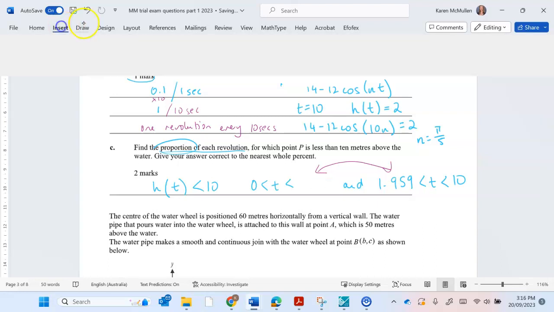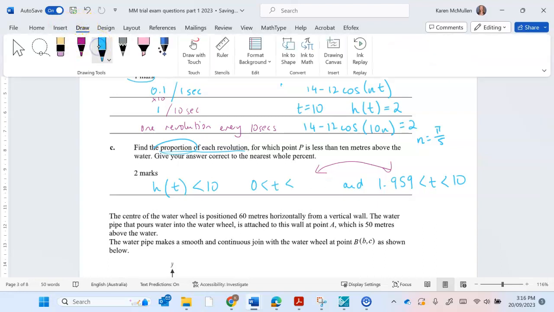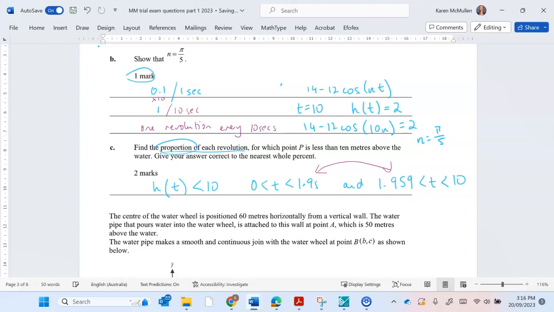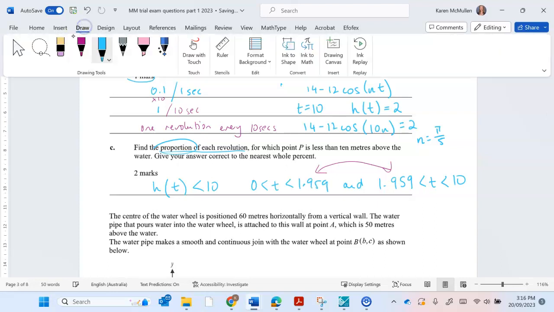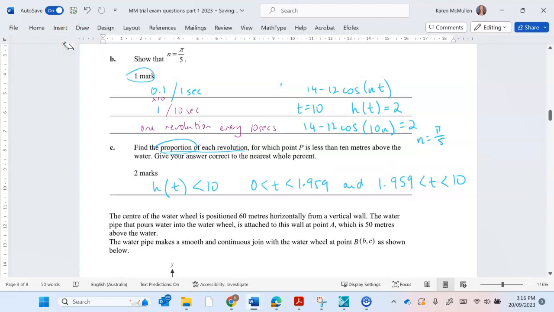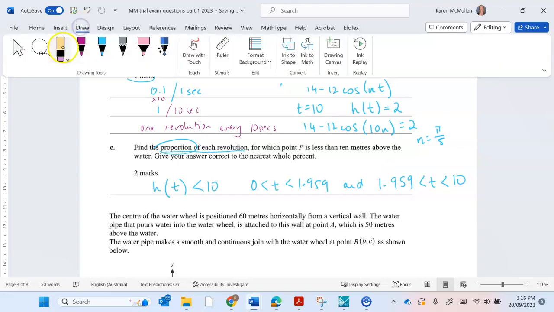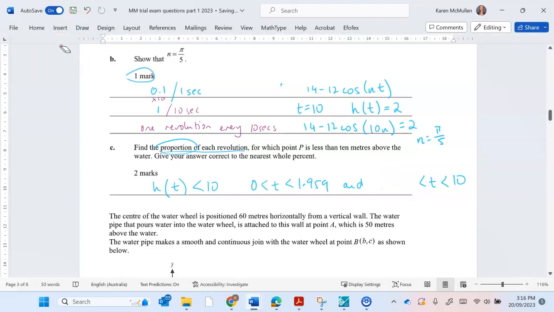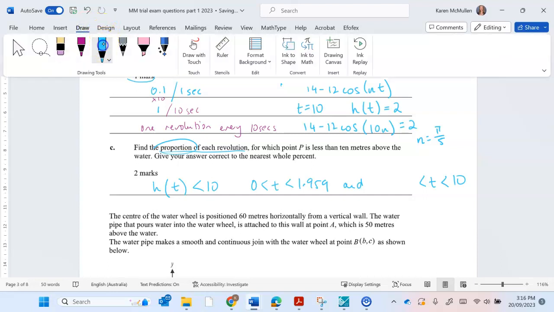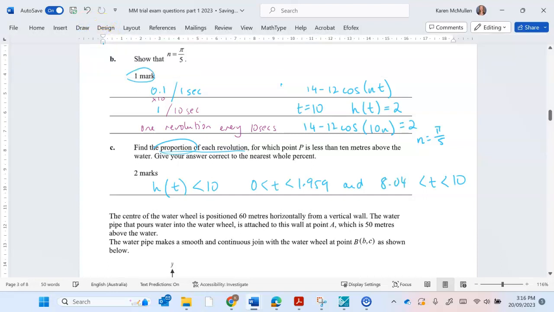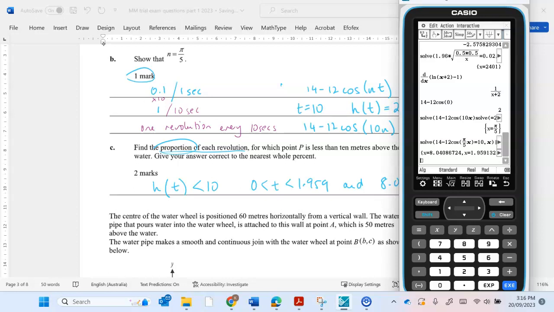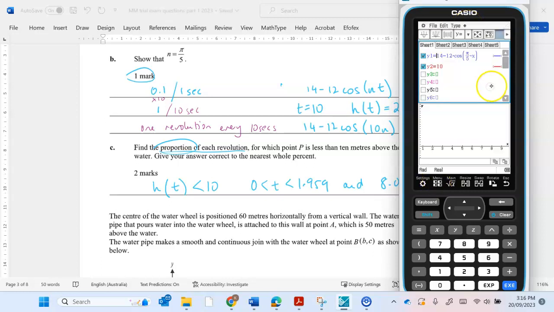You'd think the calculator would write the lower number first, 1.959. That's why graphing it was important, because that didn't make sense to me. So let's quickly change that: 1.959, then 8.04. I'm sure there's a reason for it.